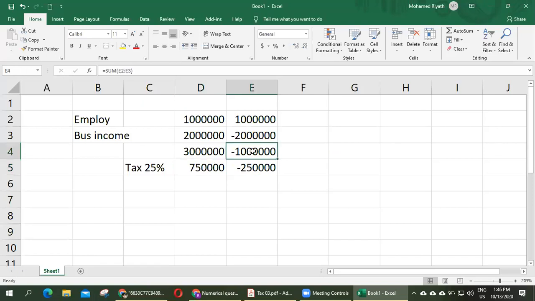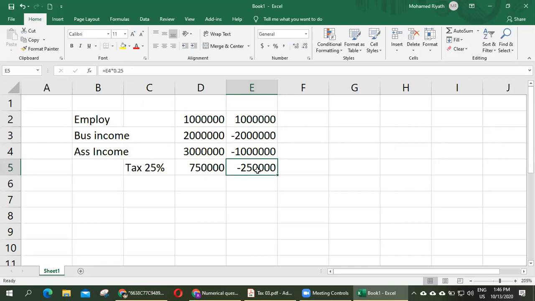So if they incur a loss, the assessable income, the total, is a 1 million loss, right? Employment income is 1 million, business loss is 2 million, and here 1 million loss. So for that at 25%, 250,000 should be received from the government. Is it possible? Is my calculation right? Where will the government give you money?